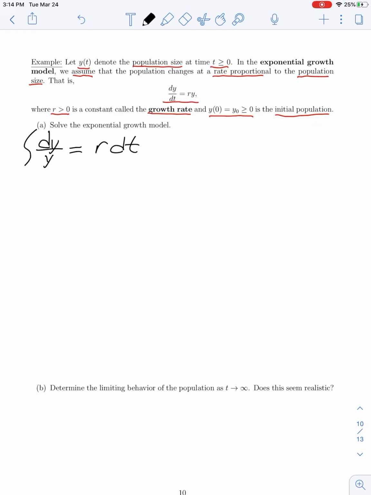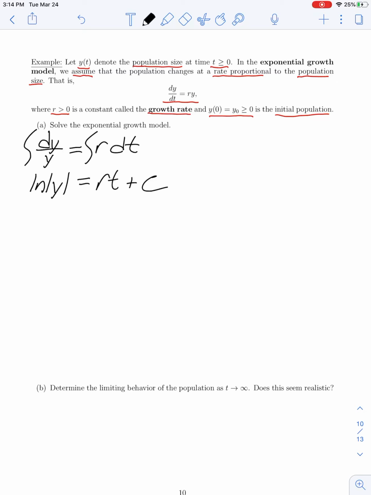And once we've separated the variables y and t, we can integrate on both sides, and we're left with the natural log of absolute value y is equal to rt plus some constant.